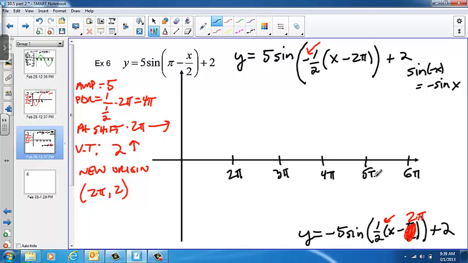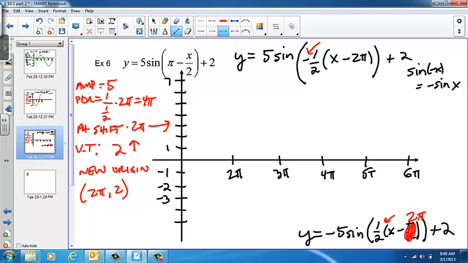So let me label the y-axis, okay? So, 1, 2, 3, 4, 5, 6, 7. There's 7. There's 1. Negative 1, negative 2, negative 3, negative 4, negative 5. So if you want to, like I mentioned earlier, we said our new origin is at 2 pi, 2.